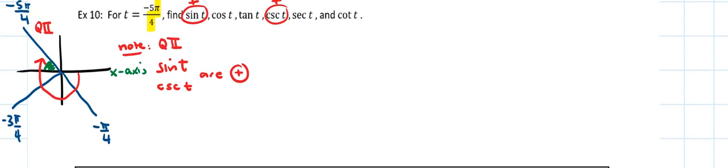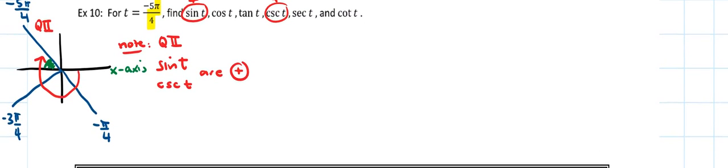A lot of times they talk about reference angles. If t is negative 5 pi over 4, sometimes they use a hat or a bar. The reference angle will be pi over 4. So really all we have to do is calculate the sine, cosine, tangent, and so on of the angle pi over 4, and then just pay attention to what signs they're supposed to be.